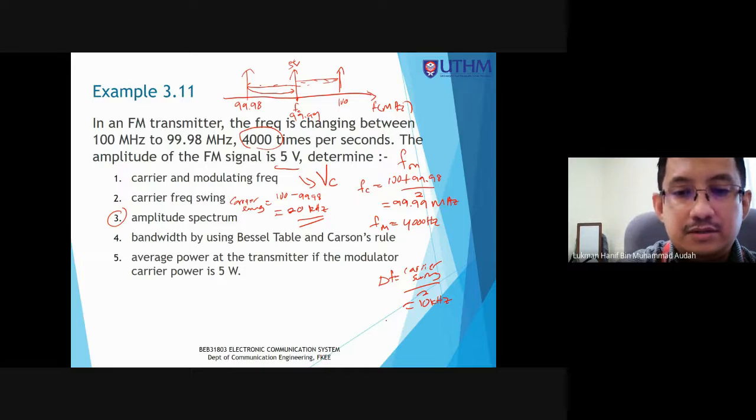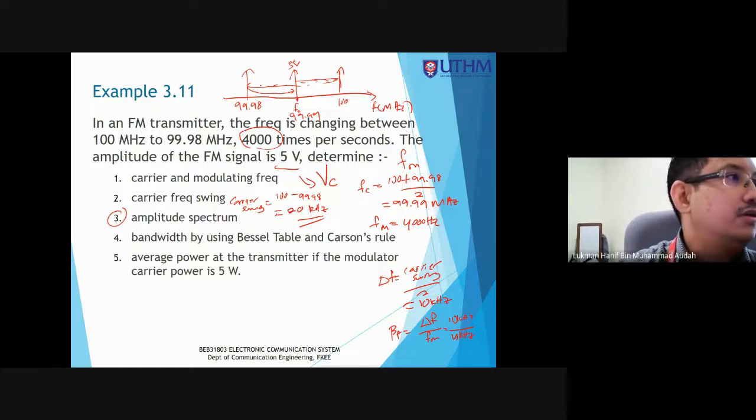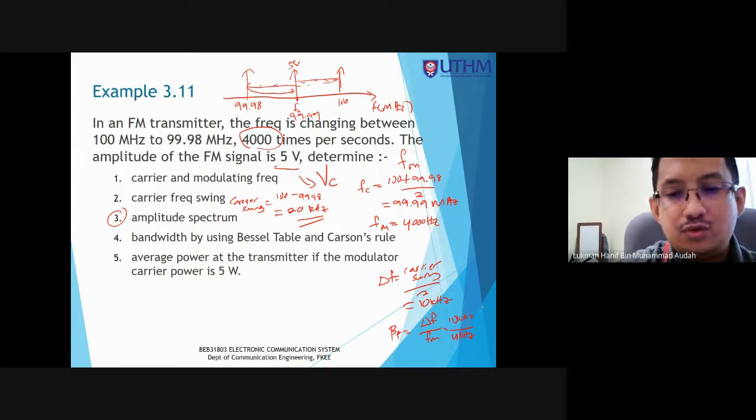And then beta f is equal to delta f over fM. So this is 10 kilohertz divided by 4 kilohertz. So this is 2.5.